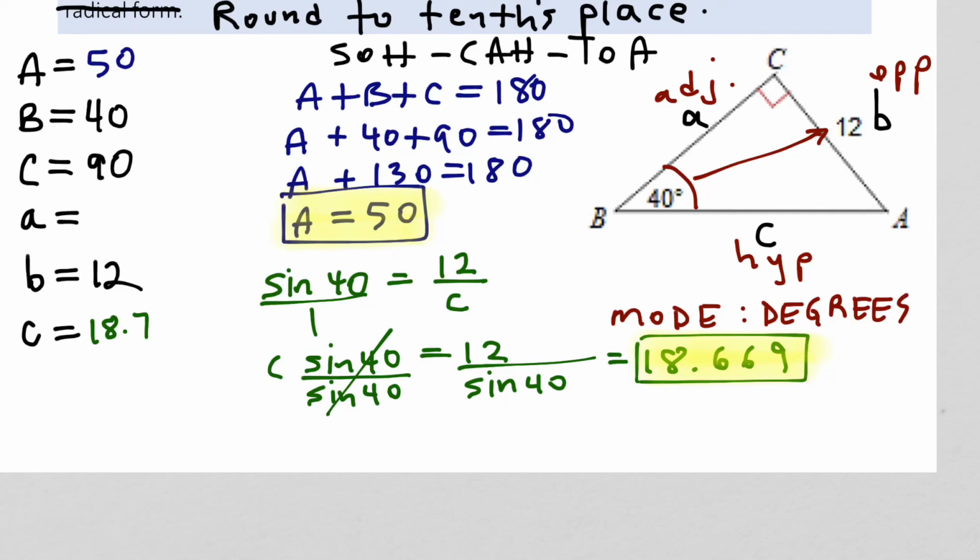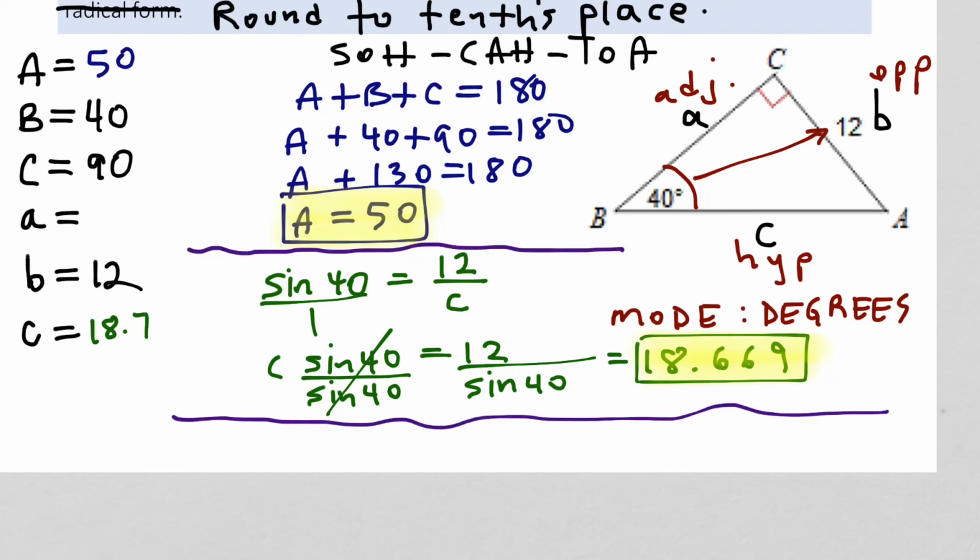Now we're going to set up an equation for finding side A. And when you're doing these, you want to really try to avoid using your decimal numbers in your calculations when you can. So I'm going to look at 40 here, and I'm going to say if I want A in my equation, that means I need to put an adjacent side in it. The other number is on my opposite side, so I need opposite and adjacent.